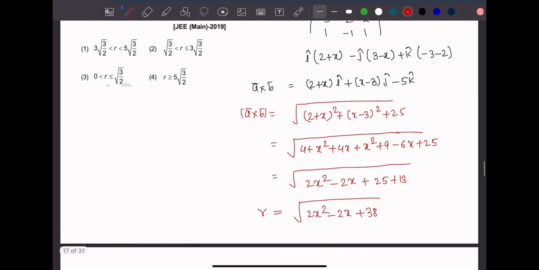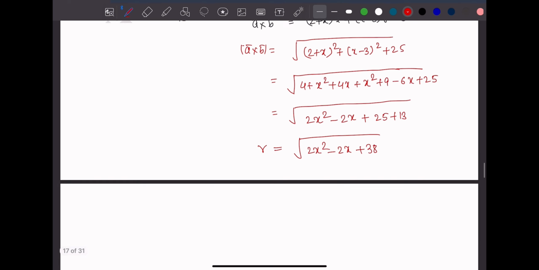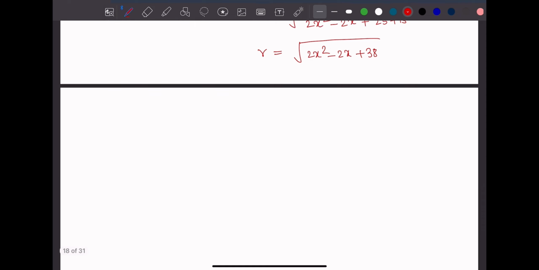They are saying कि some value of r we have to find, that means maximum and minimum value of this quadratic expression we need. Okay, so यहाँ से अपन क्या करते हैं, 2 को common लेते हैं, so if we are going to take 2 common, so we are getting root 2 outside, and then we have x square minus x and plus of 19.